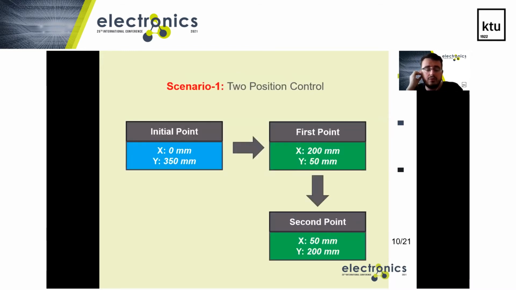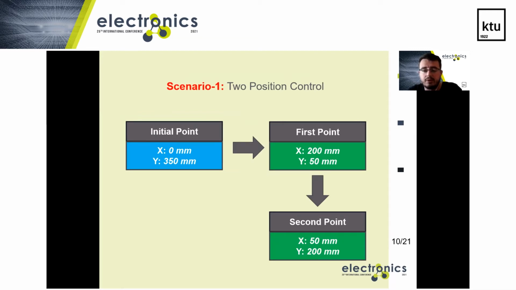At first, for the two-position control, we think like that. We put the robot manipulator on the origin of the XY coordinate system, and the end effector position of the robot manipulator is 0 in the X direction and 350 points in the Y direction.